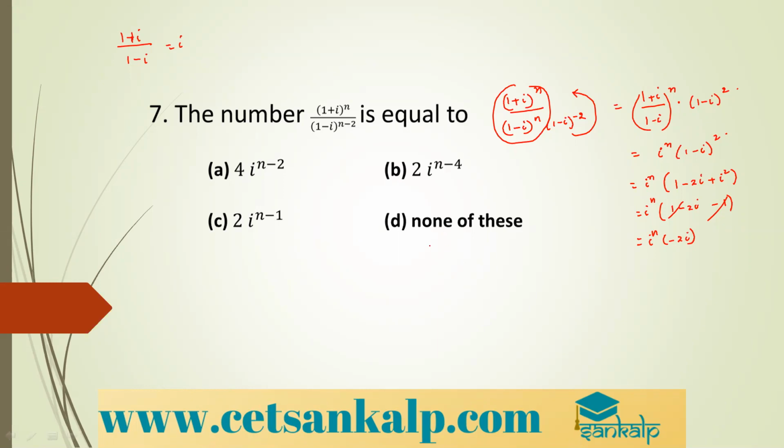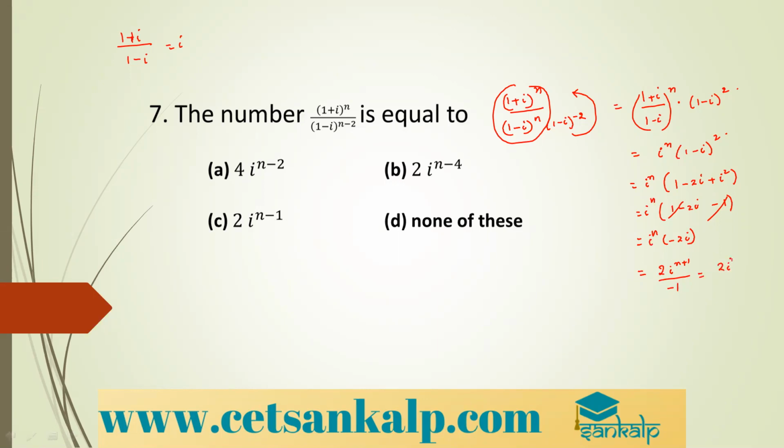If I see, this option is not there. I don't see this option in any one of those. So I have to make some changes. What are the changes I am going to make? I will take 2 i power (n plus 1), and then this minus 1 I will take down.